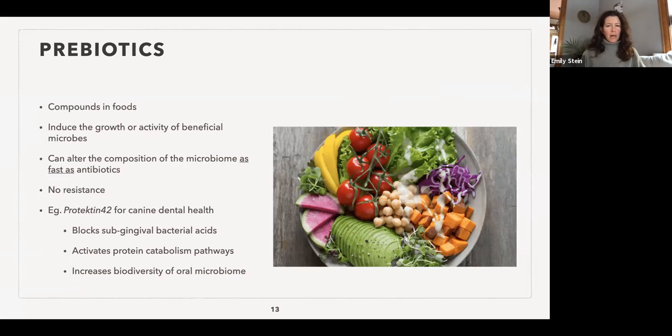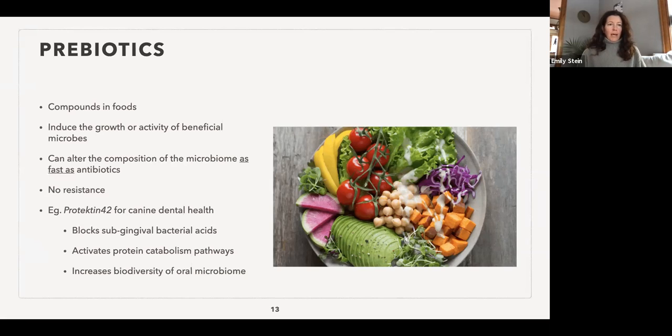And now they're being investigated more thoroughly from a therapeutic side. In the human market, there are functional foods that are starting to come out, and nutraceuticals already out in the market. I've seen in several of your vet clinics that you offer some of those as well, which is great.